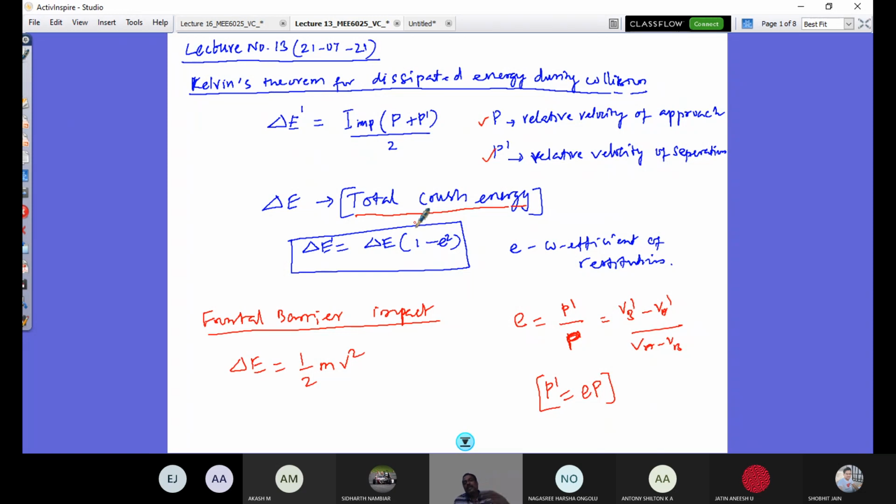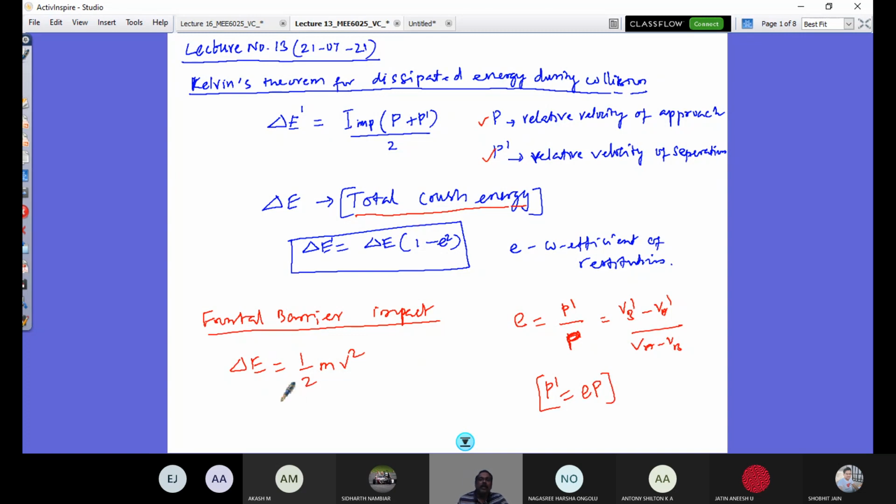It is not absorbed completely. It dissipates some energy and has some residual energy. That residual energy is what is called the rebound energy. So the total crush energy minus dissipated energy is the residual energy, which is the rebound energy.